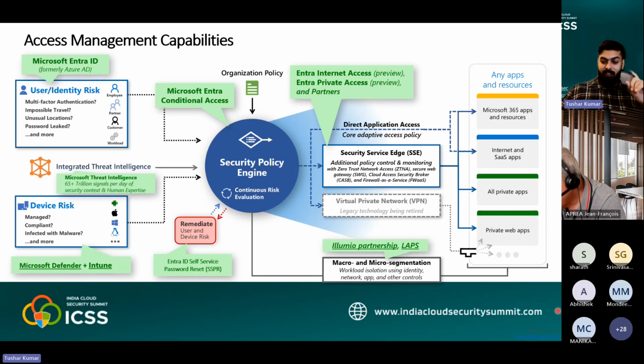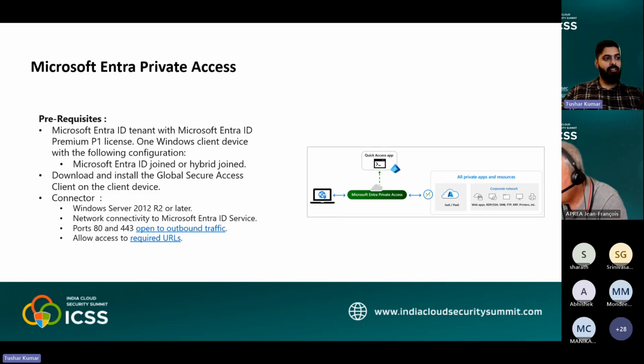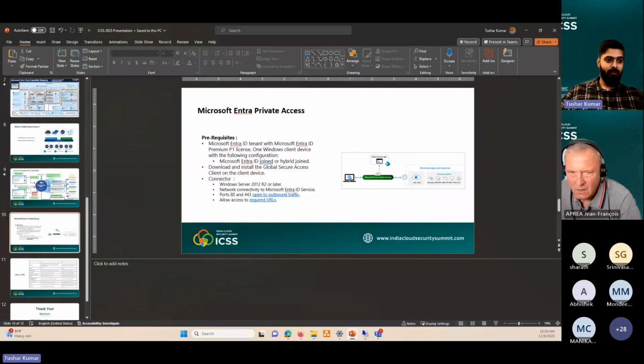Since I have just 3 minutes, I will skip this piece, because you can see it anywhere. Just Google for Entra Private Access and you'll see what all the prerequisites are. It's basically more around the licensing and the deployment. The deployment works the same as we used to do it in App Proxy.